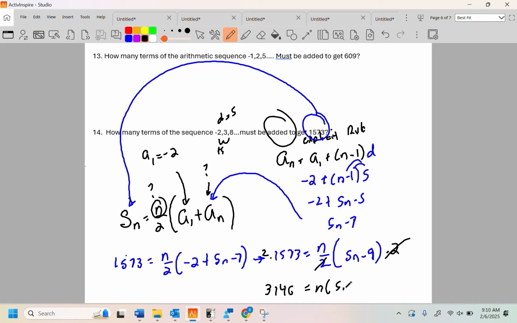And you're almost at an Algebra 1 level of math. Next, well, actually, this is Algebra 1 from here on out. Distribute. We'll have 3,146 equals 5n squared minus 9n. And if you have what we call a quadratic equation, you set the blasted thing equal to 0.